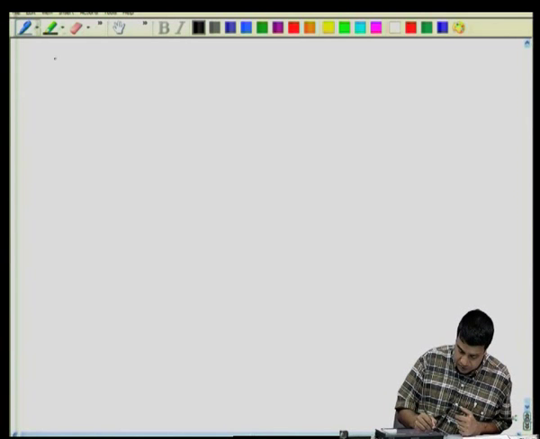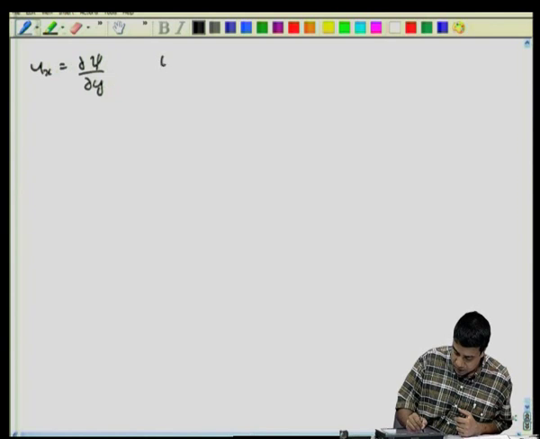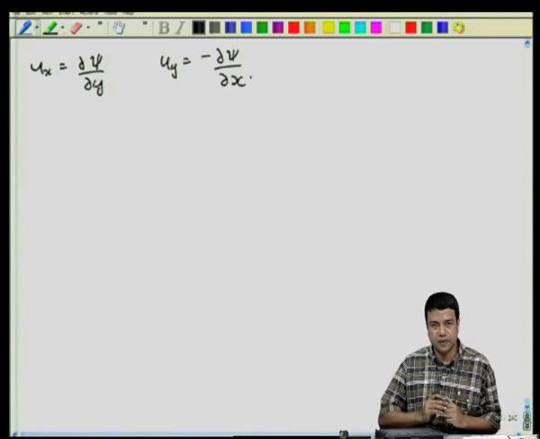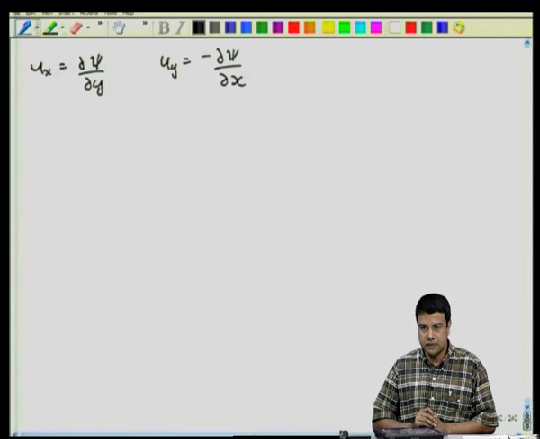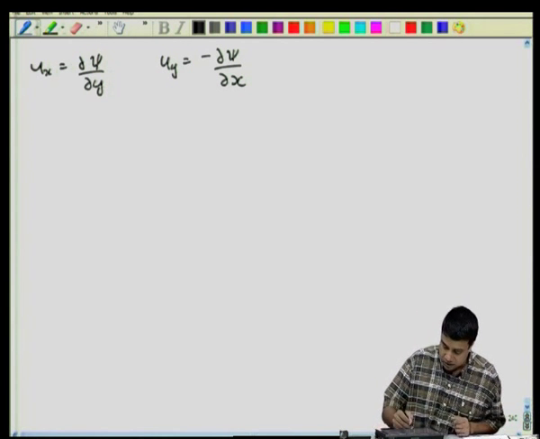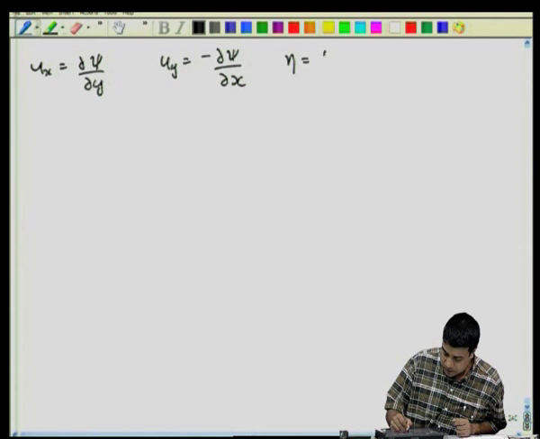So, let us do that. First I have to define a dimensionless stream function, and you do it as follows. I scale the velocity u x, and you know that the similarity variable is y by root of nu x by u.